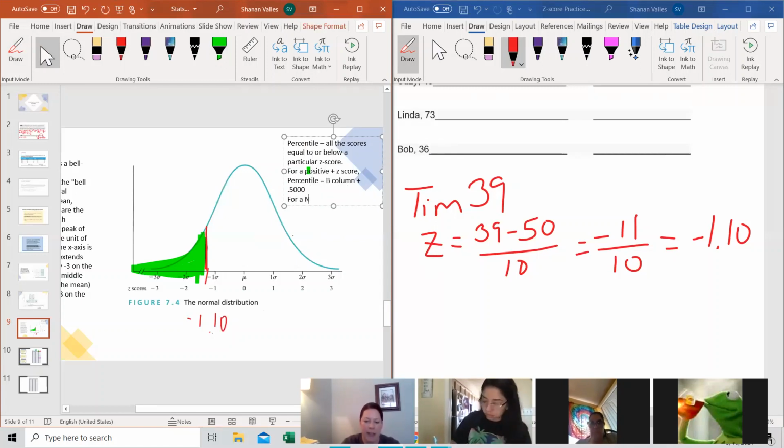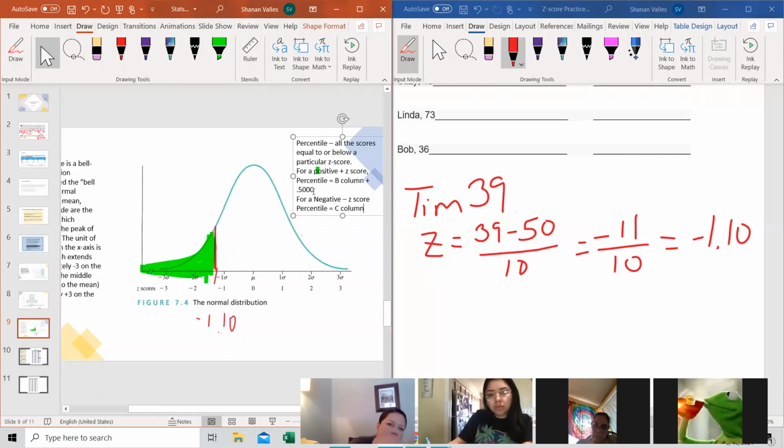So for a negative z-score, percentile equals C column. That's exactly right. So a z of 1.10 is .1357.